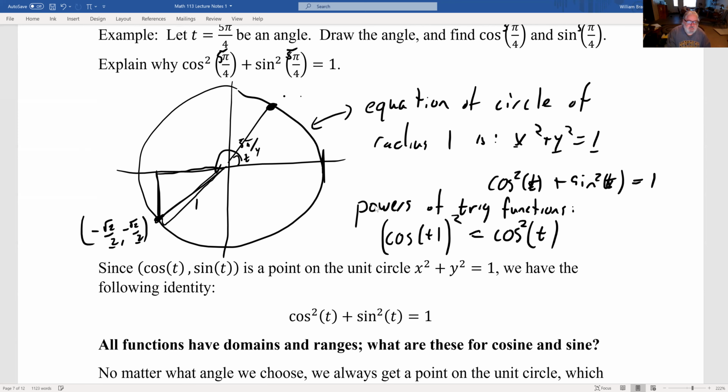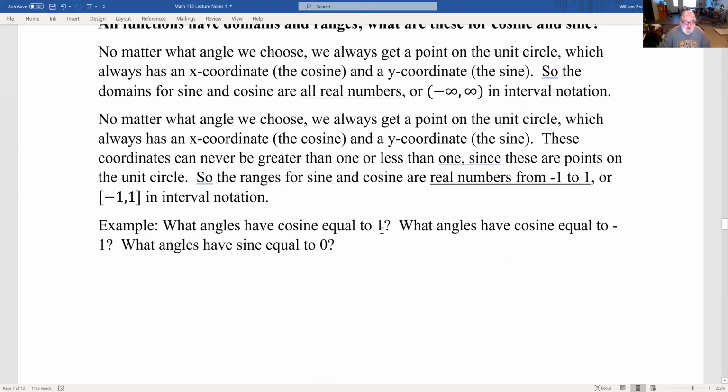Because that's the x coordinate, and the x coordinate of the circle never gets bigger than 1, and cosine can never get less than -1. Same thing for sine. It can never get bigger than 1, because that's the top of the circle. It can never get less than -1, because that's the bottom of the circle. So the range of sine and cosine are real numbers from -1 to 1, or in interval notation, [-1, 1].